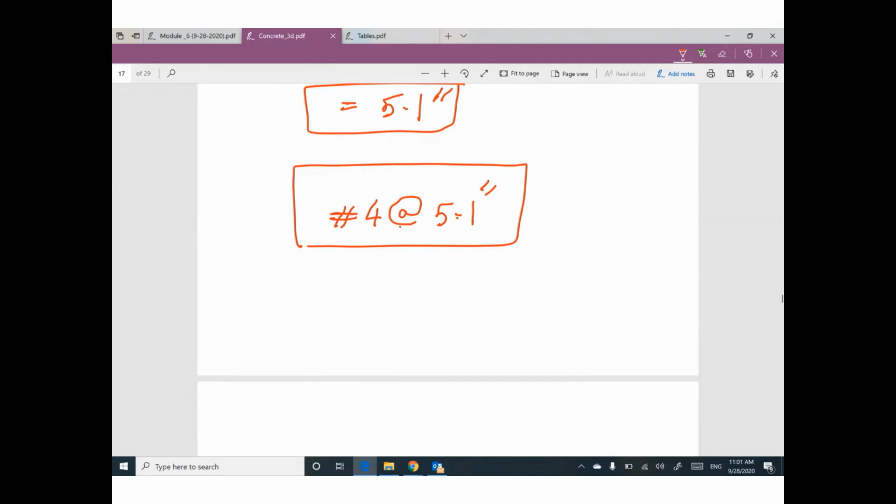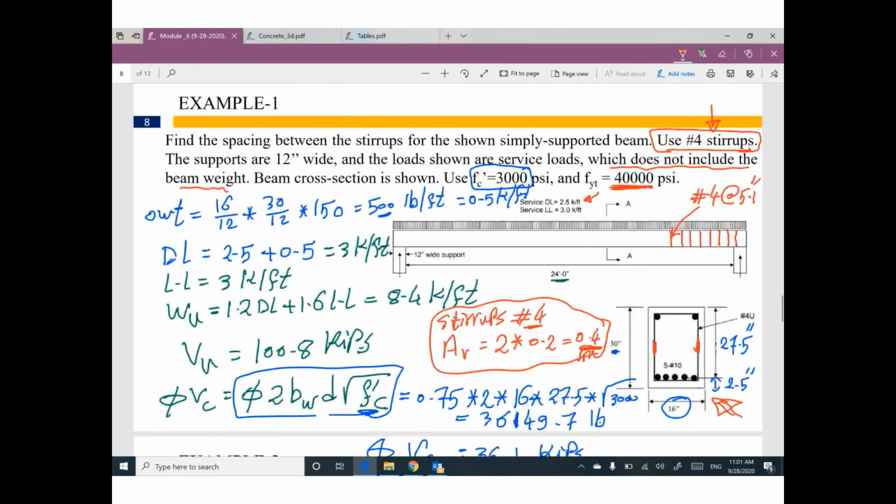If you would like to make it easier for construction, 5.1 will be 5. Number 4 at 5 inch spacing. It will be easier. So your design of stirrups for this beam, based on the shear force diagram, and you assumed number 4 size, I'm going to take every 5 inch stirrups spacing.